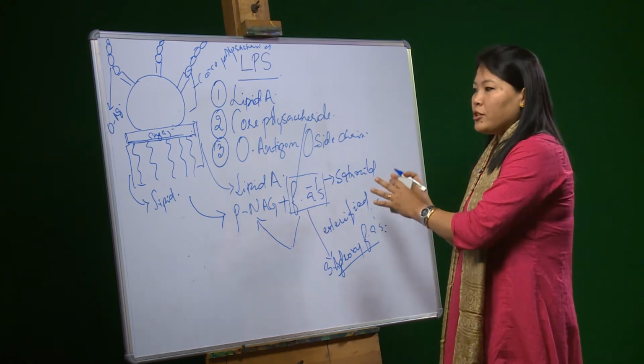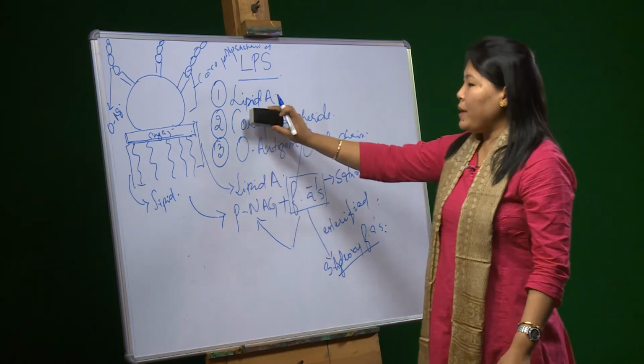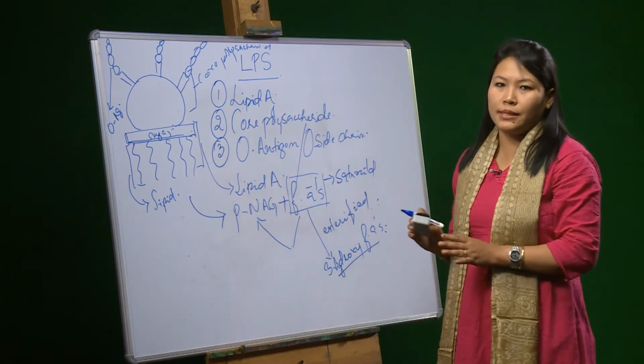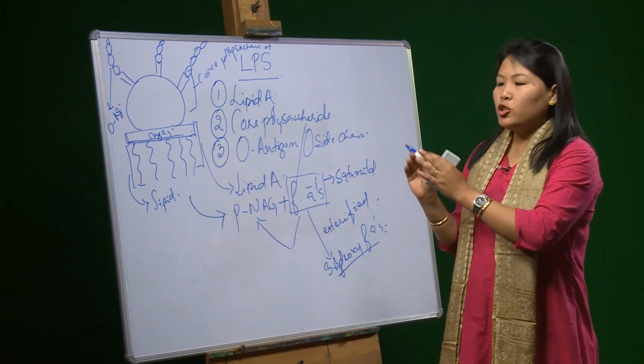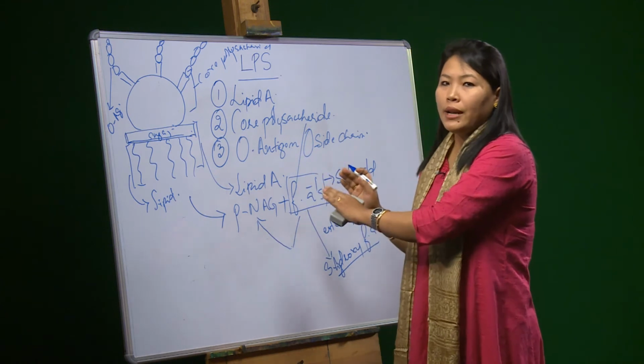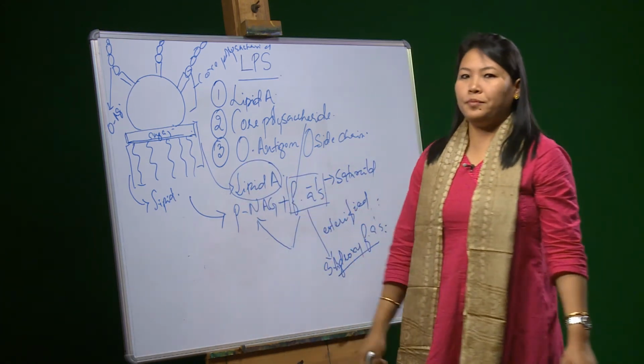The biological function of lipid A is that it plays a very important role in pathogenesis. The toxicity of the lipopolysaccharide is generally conferred by this lipid A portion.